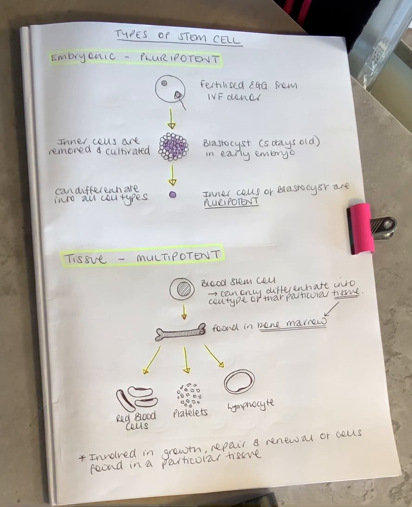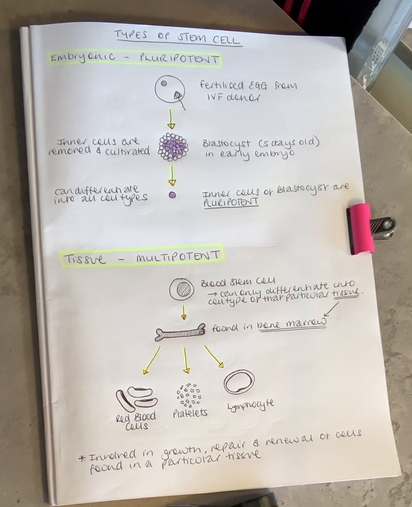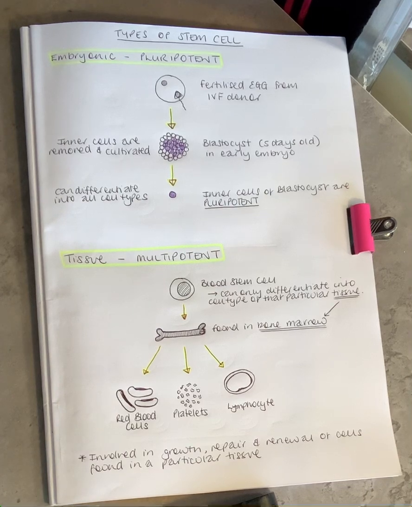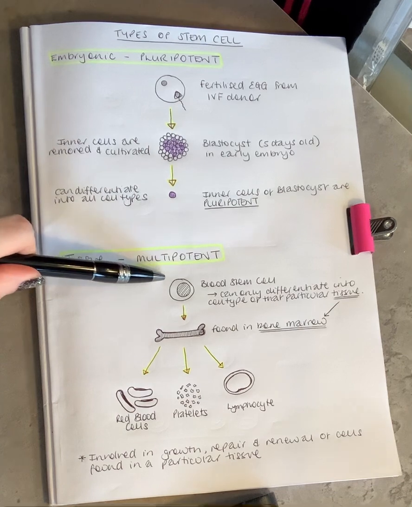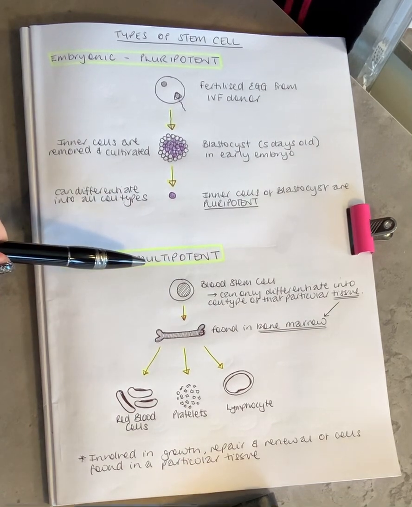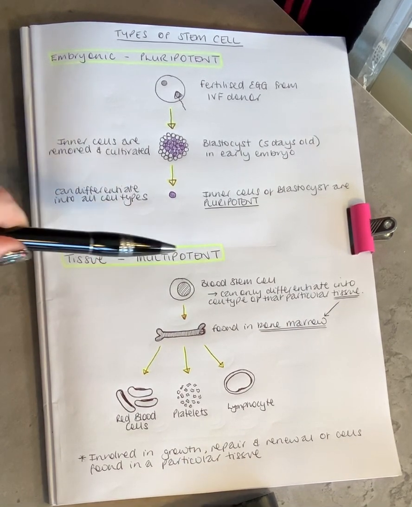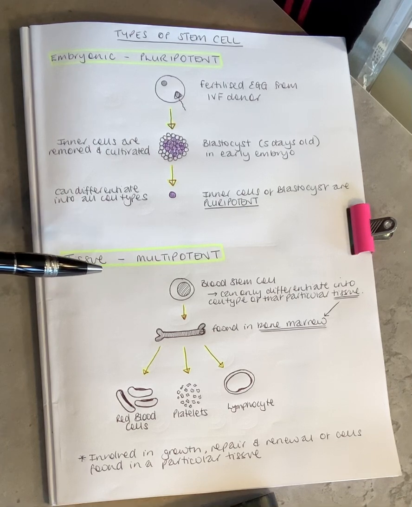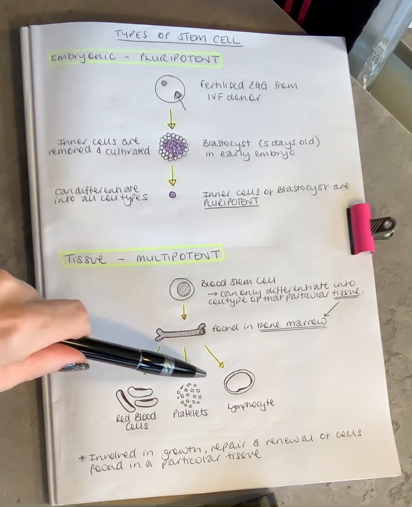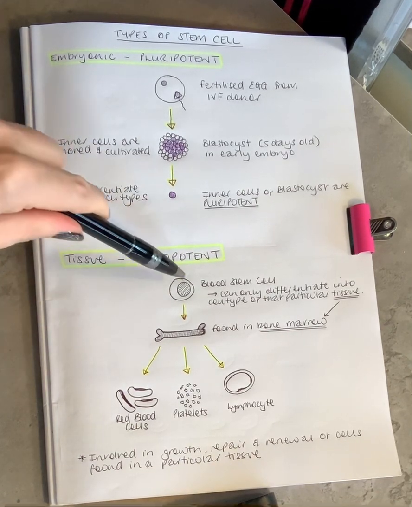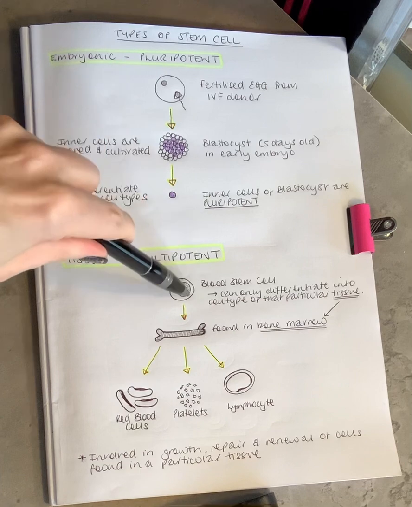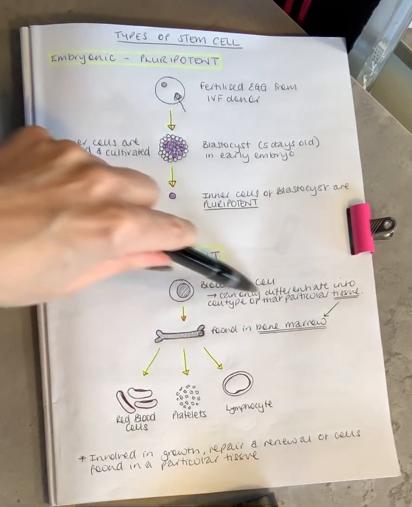This is what we go back to when we talk about mitosis and the growth, repair or renewal of cells. So here's our blood stem cell. This original cell is not yet a red blood cell or a platelet, but it can only differentiate into that particular type of cell that you find in that tissue.